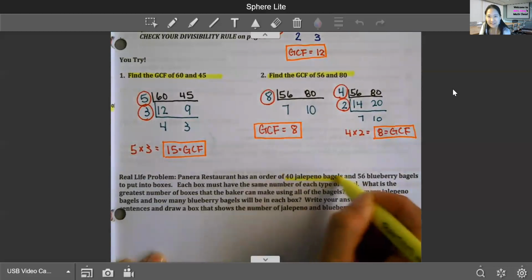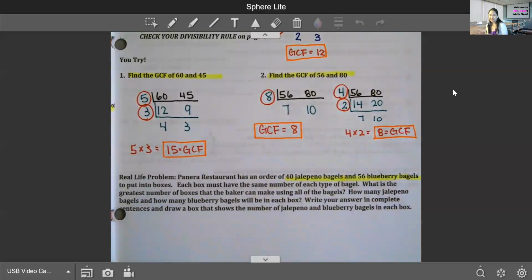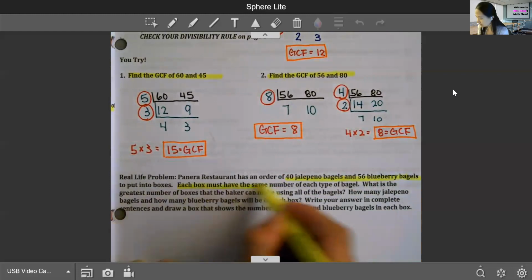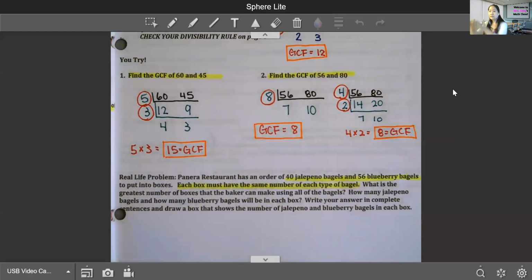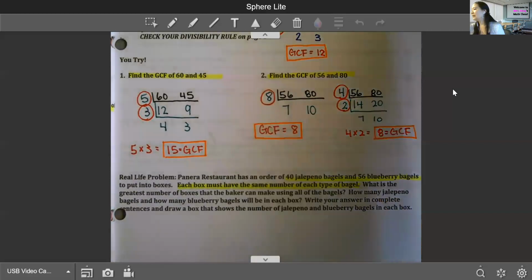Those are my two favorites. So when I typed this up, I chose those two bagels, to put into boxes. Each box must have the same number of each type of bagel, same number of jalapeno bagels and same number of blueberry bagels.